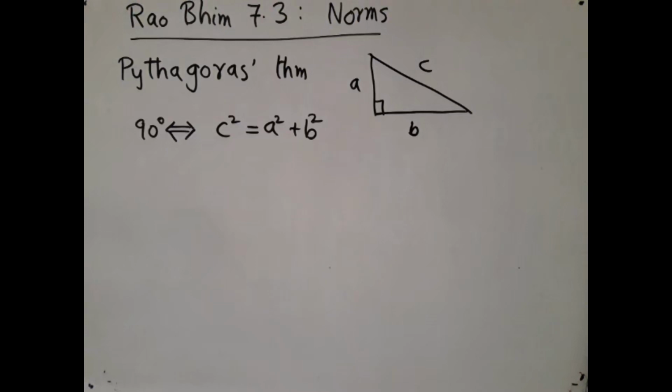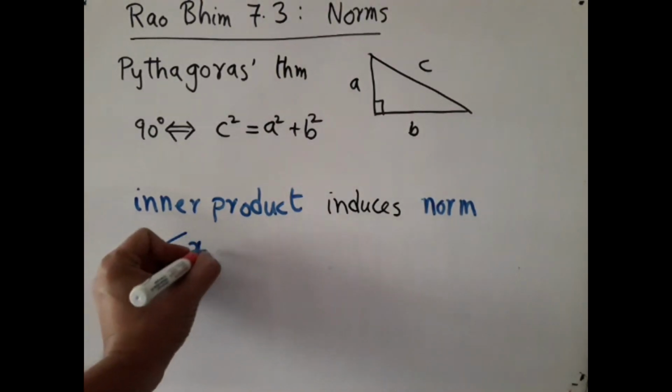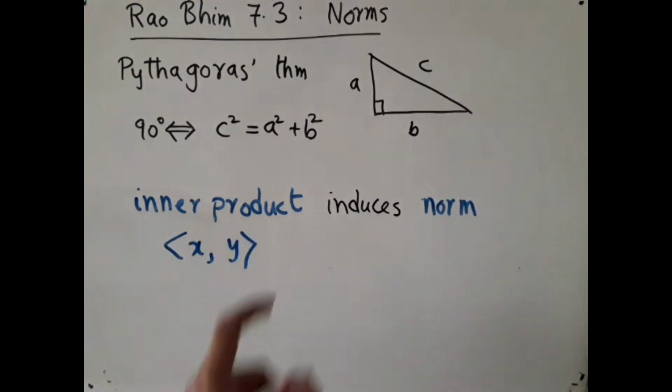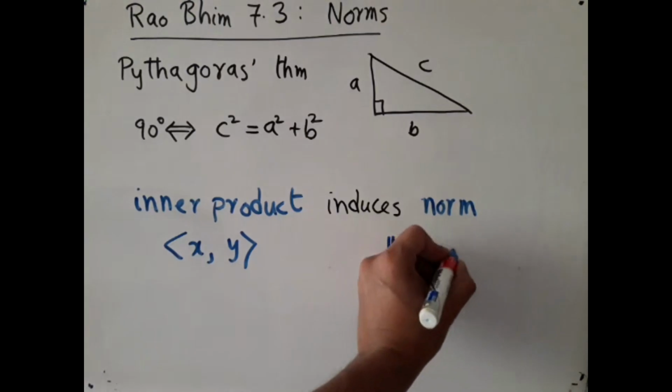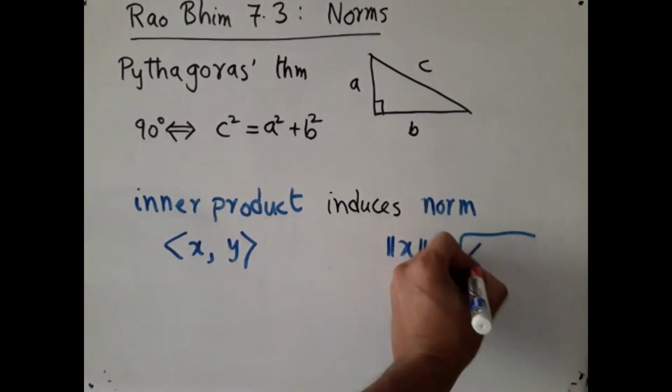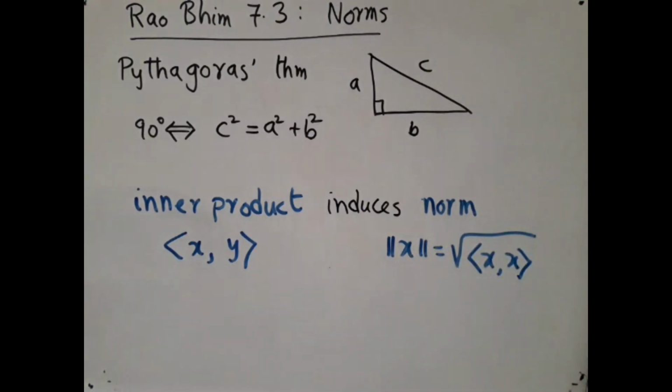In linear algebra, this interplay is nicely captured in terms of an inner product which induces a norm. Thus, if the inner product is written like this, ⟨x, y⟩, then the norm that it induces is the non-negative square root of the inner product of x with itself.